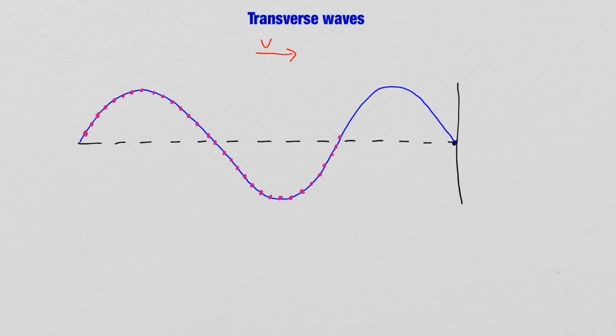Okay, so as the wave passes through the first set of particles here, along the first hill, they are moving upwards. And so each of those will have vertical velocity.